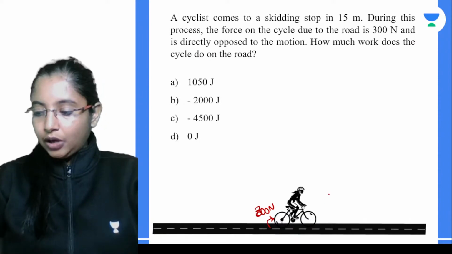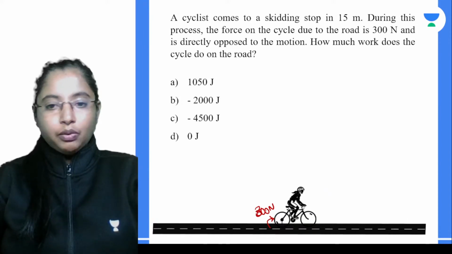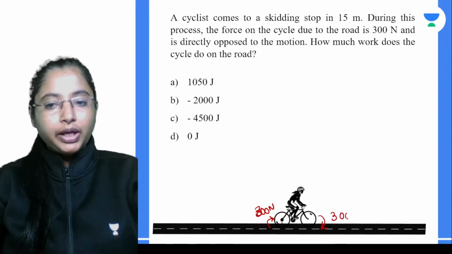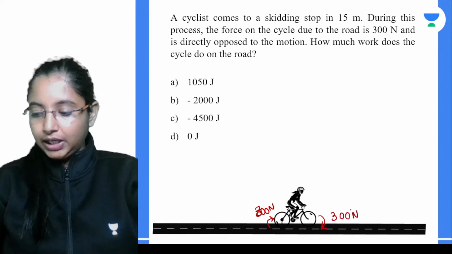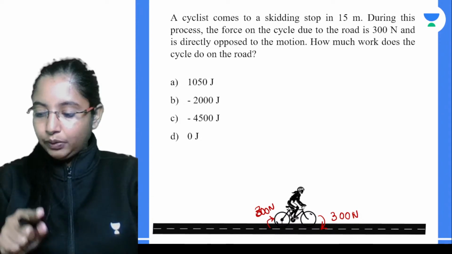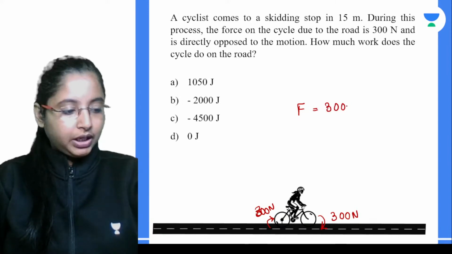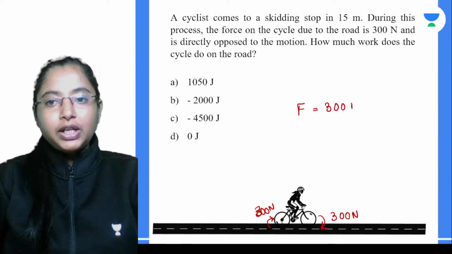According to Newton's third law, whatever force is exerted by the road on the cycle, the cycle also exerts an equal and opposite force on the road. So the force applied by the cycle on the road is 300 Newton.